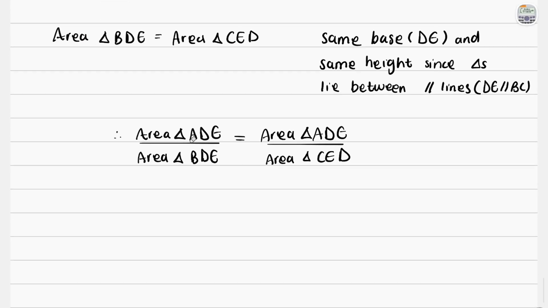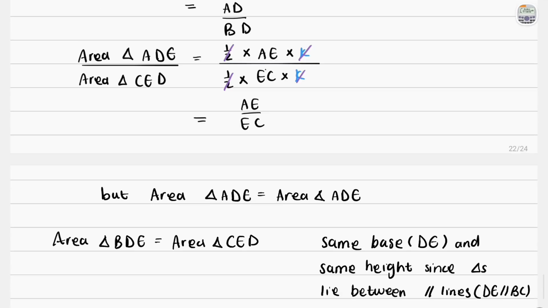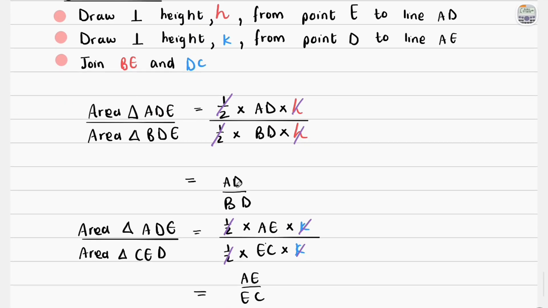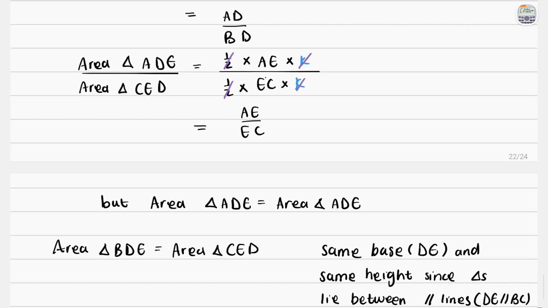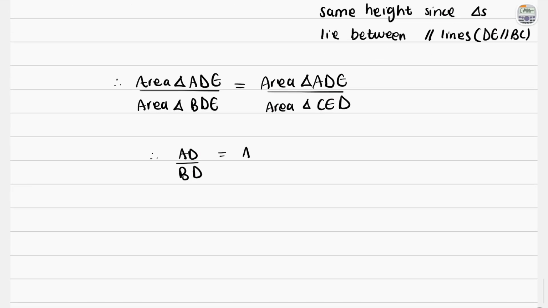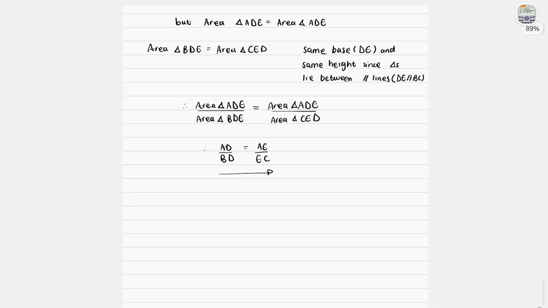And so what they simplify to would also be equal. So remember how this simplified to AD over BD. So we'll say that AD over BD is therefore equal to, and that simplified to AE over EC. So AE over EC. And that is how we prove this theorem.